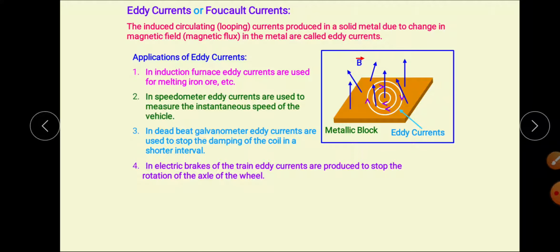Induction furnaces are such that a large crucible or large bowl is there, and coils are wound at the bottom and on the walls of that container, and those coils are given alternating current.